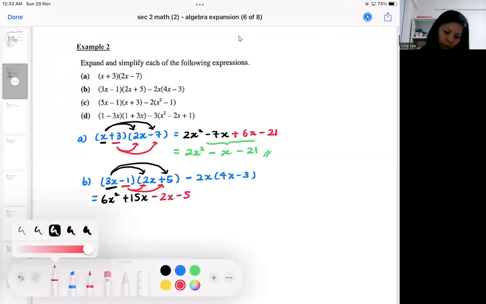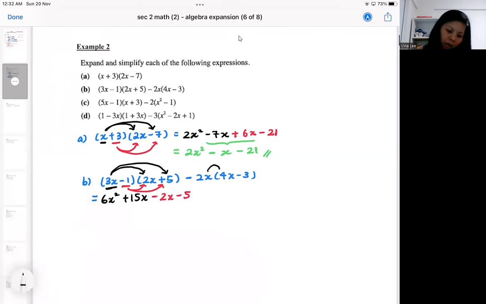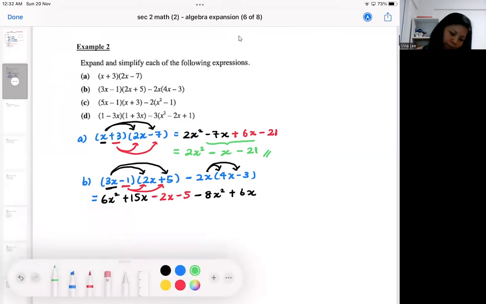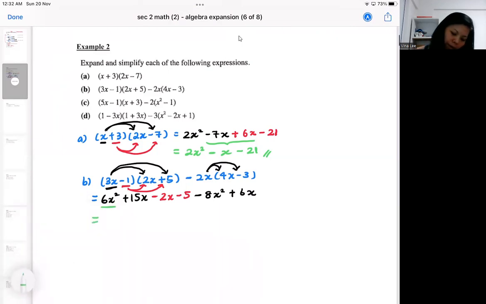Those who cannot do this usually have a lot of careless mistakes, so make sure you don't have sign errors. Now you try to simplify, grouping the highest power first.